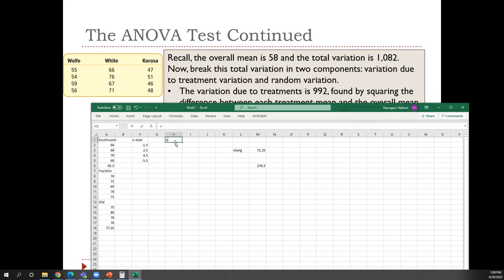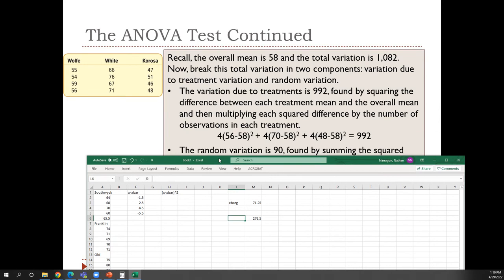So, x minus x bar again, squared. Okay, so again, we've already figured out this is basically our SST.